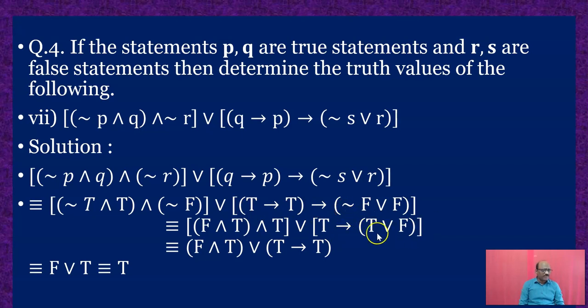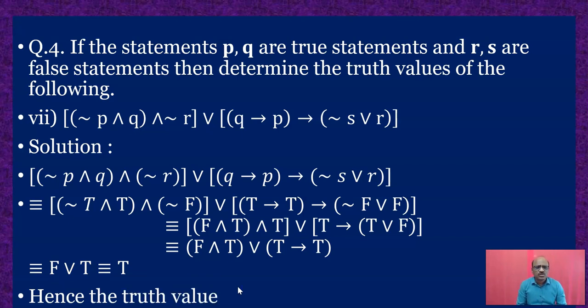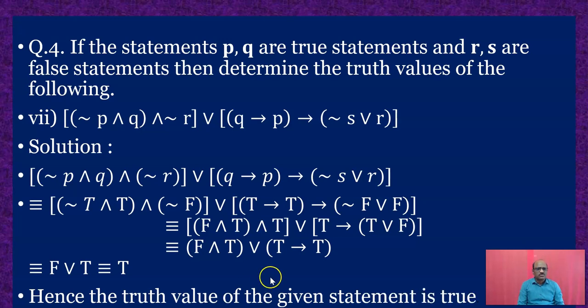T or F is T. Therefore F and F is F, or T implies T is T. F or T is true. Hence the truth value of the given statement is true.